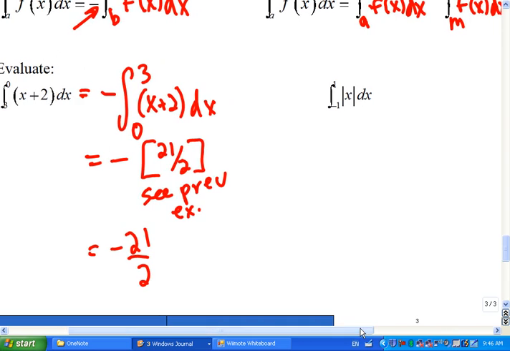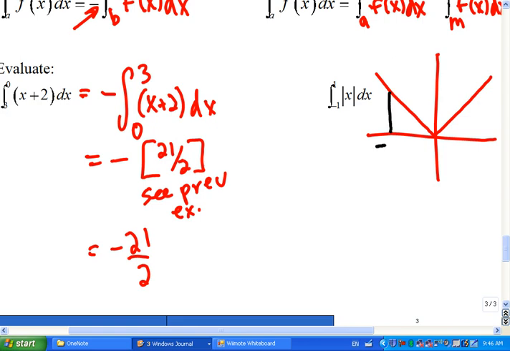The second example of where it's helpful to know these rules is the absolute value graph. The graph itself is fairly tame, but it changes, right? There's some strangeness there.